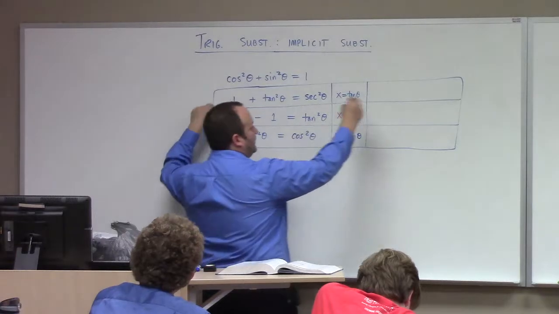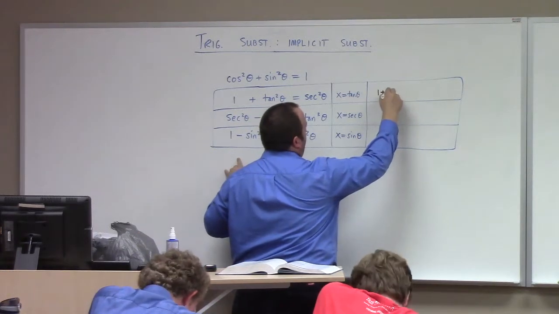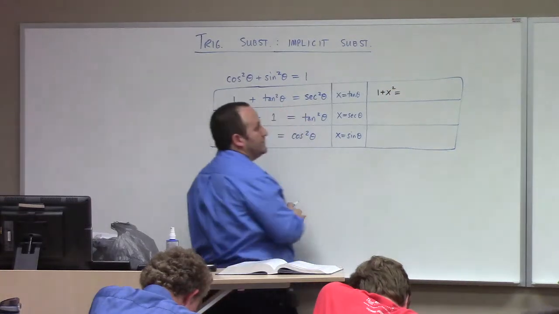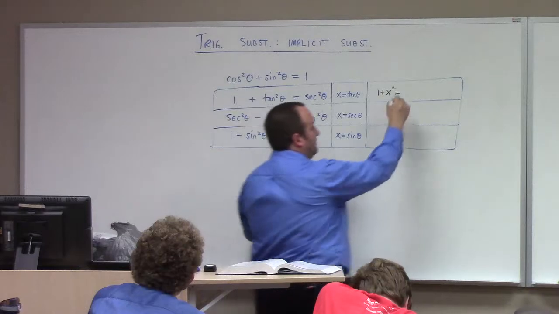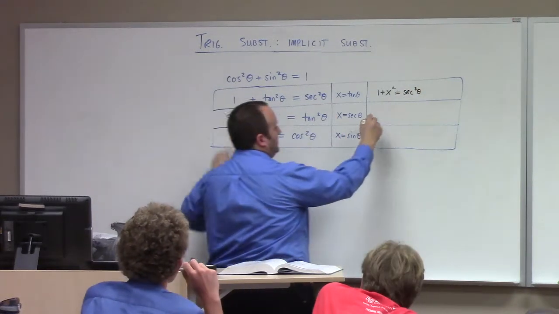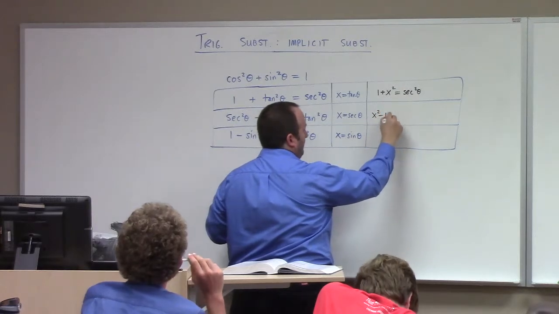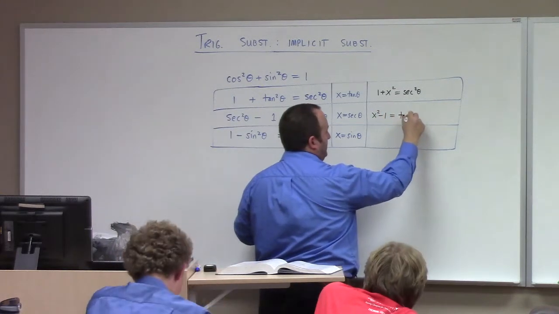So of course, 1 plus x squared equals secant squared theta, right? Here, x squared minus 1 is what? Tangent squared theta under that substitution.